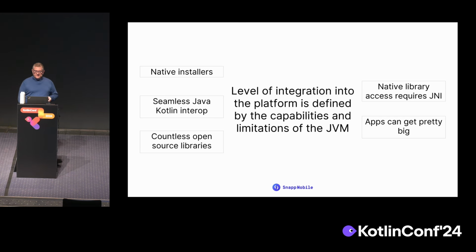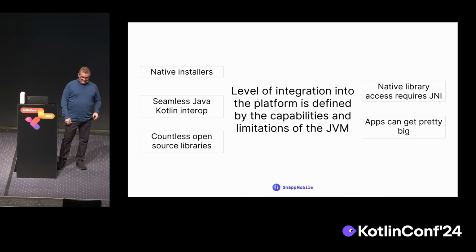There are, however, some, well, drawbacks or obstacles. If we really want or need to get native, we certainly can do so, but we need to do it using the vehicles of the JVM, meaning to access native libraries, we need to do it using JNI, which has been a Java core technology for decades, and I can assure you, you don't want to do this.